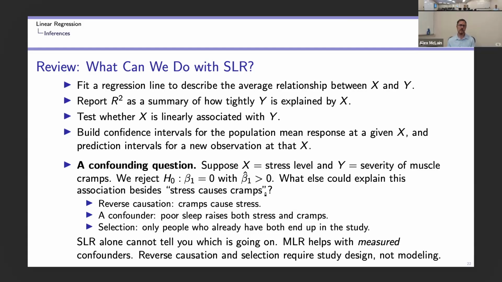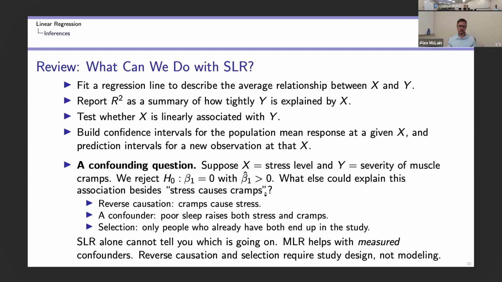We have R squared, a very useful measure that gives us an idea of how closely related these two are, how much of the outcome is explained by a linear relationship with our X variable. We get a test: are these two related? We see that it does appear that age is related to our systolic blood pressure. We get confidence intervals for the mean at any particular X value. Prediction intervals is something else we can get.